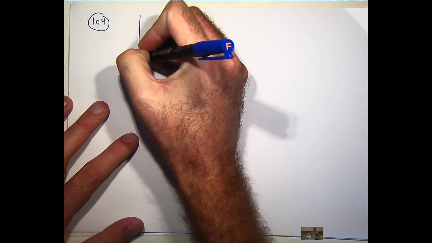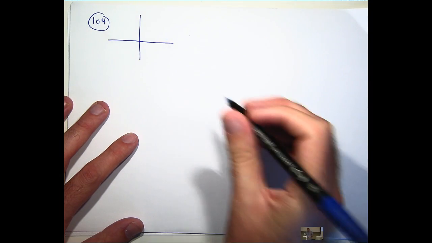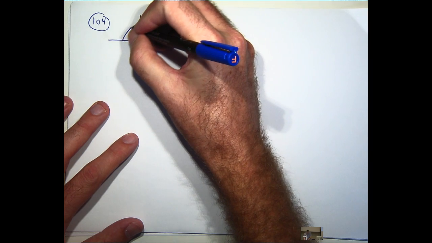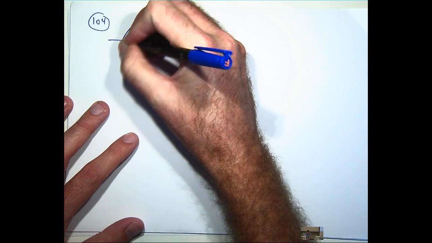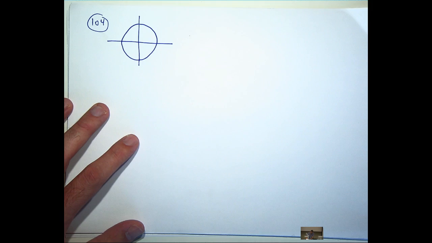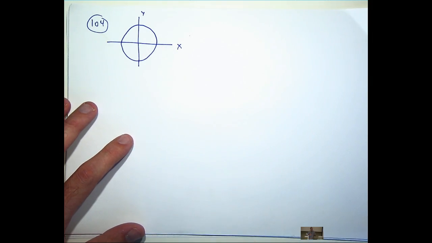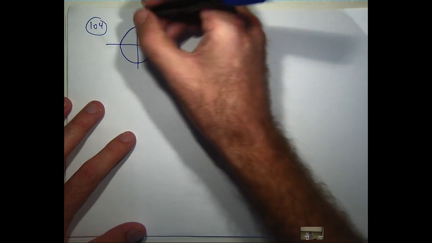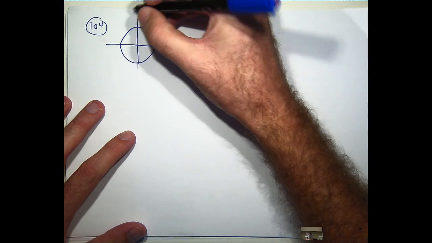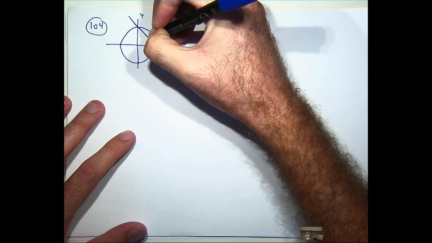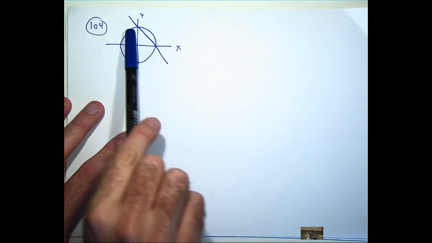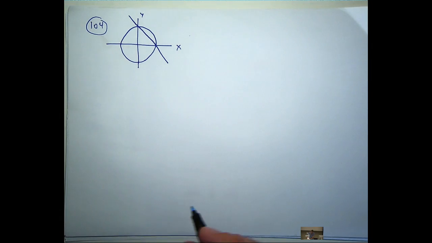Okay, so we've got a circle and a line basically. So it's the unit circle and it's centered about the origin. And you've got a line, x plus y equals 1, and it actually cuts the axes and intersects with the curve.